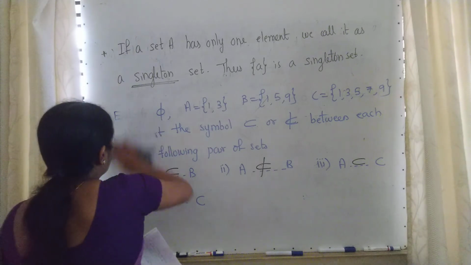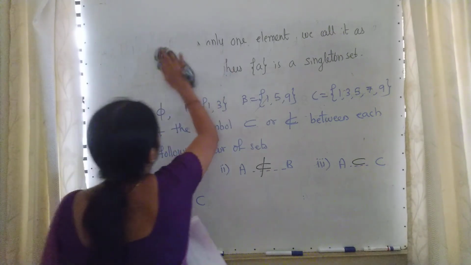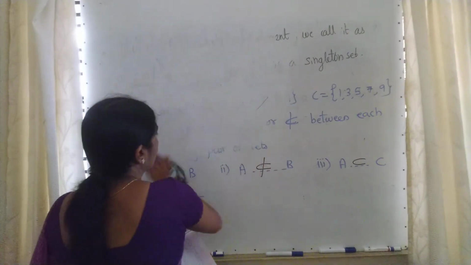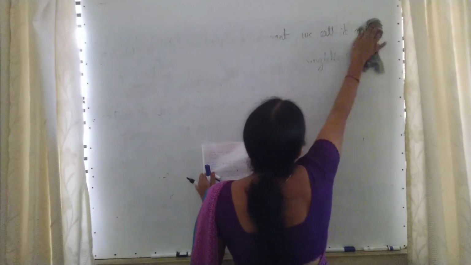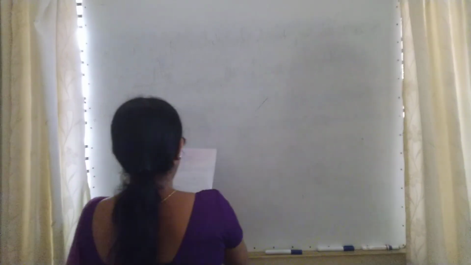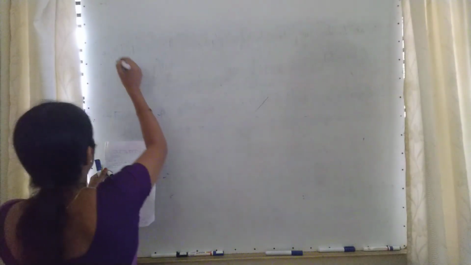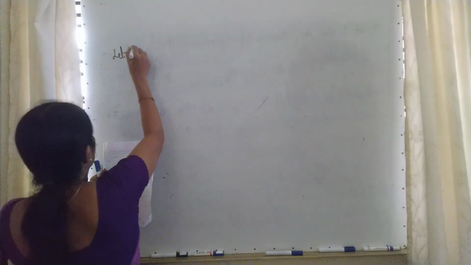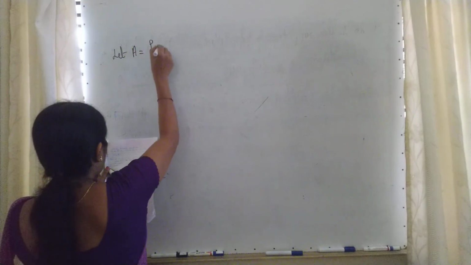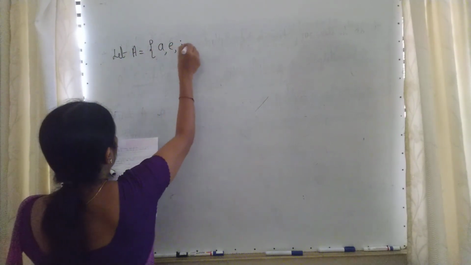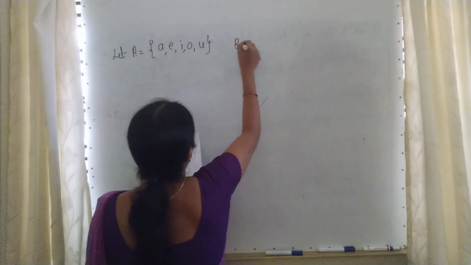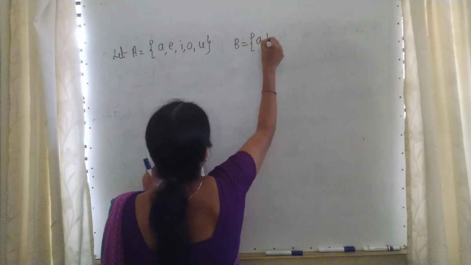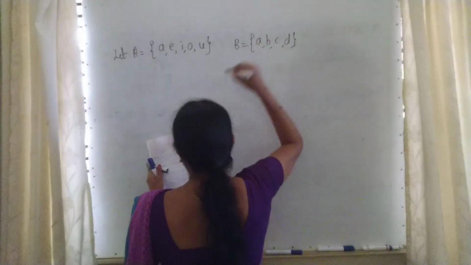Moving to the next example. Let A be {a, e, i, o, u} and B be {a, b, c, d}.